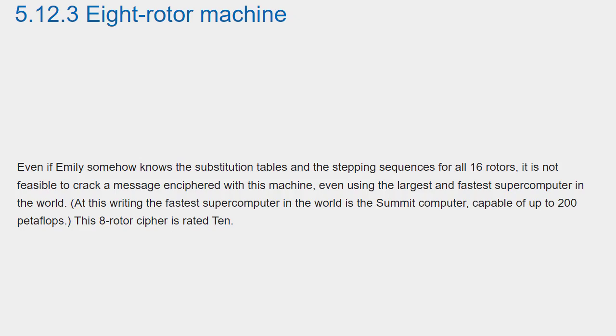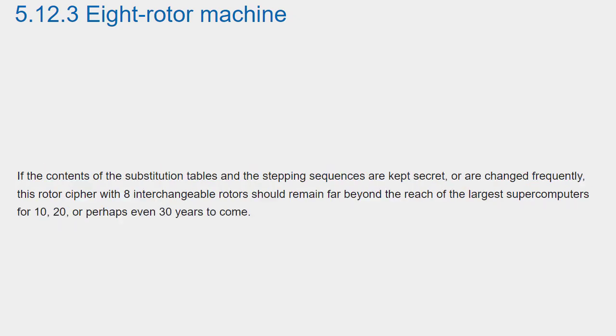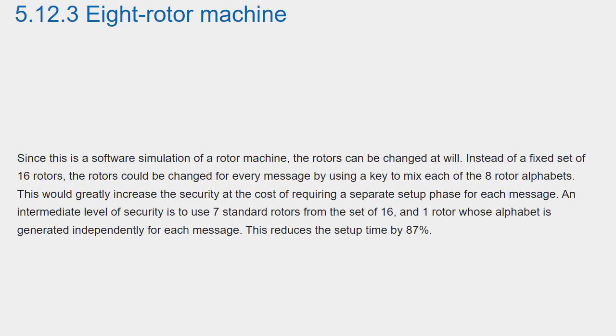This 8-rotor cipher is rated 10. If the contents of the substitution tables and the stepping sequences are kept secret or are changed frequently, this rotor cipher with 8 interchangeable rotors should remain far beyond the reach of the largest supercomputers for 10, 20 or perhaps even 30 years to come.